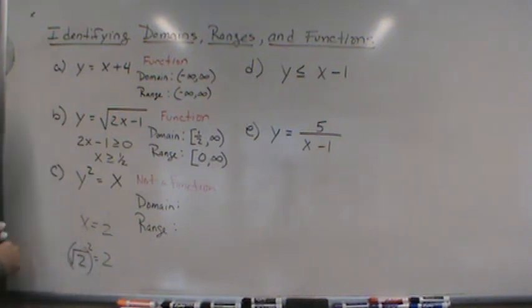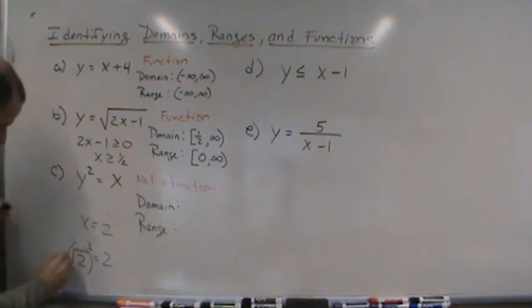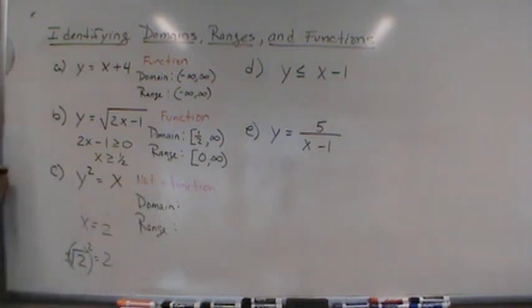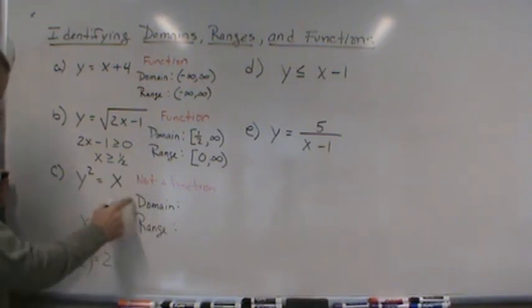Now again, because it's not a function we don't have to worry about it, but when we take the square root, we have to have plus or minus. But the point is, is there a value of y that corresponds to a value of x? And so any of those real numbers will be in the domain.